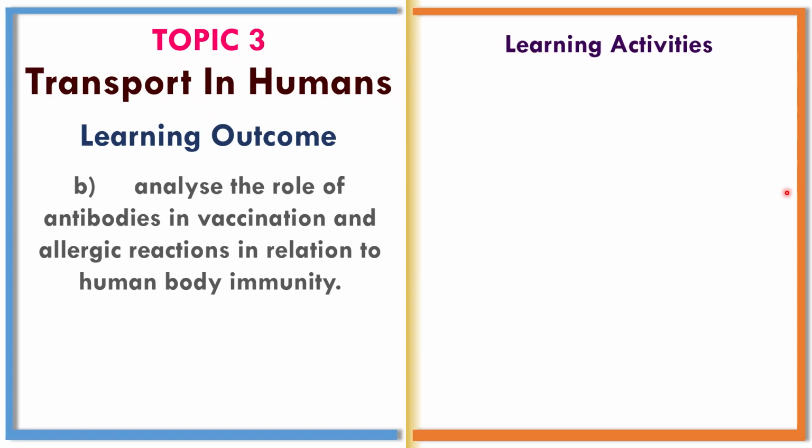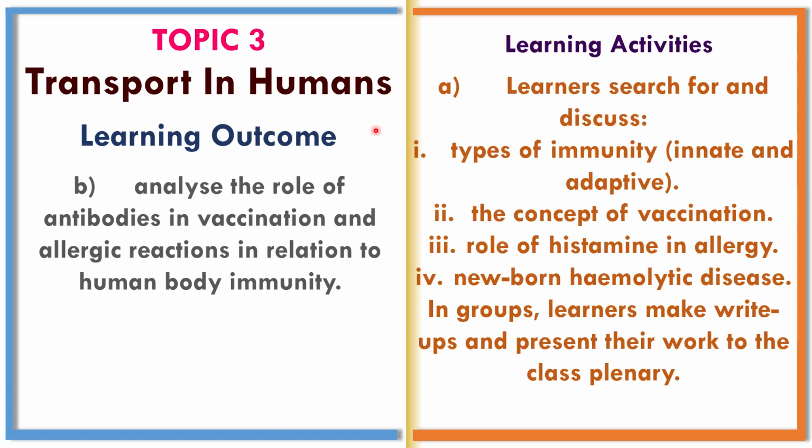We are going to look at learning activity A. Learners search for and discuss types of immunity, innate and adaptive, the concept of vaccination, role of histamine in allergy, newborn hemolytic disease, and in groups, learners make write-ups and present their work to the class plenary.